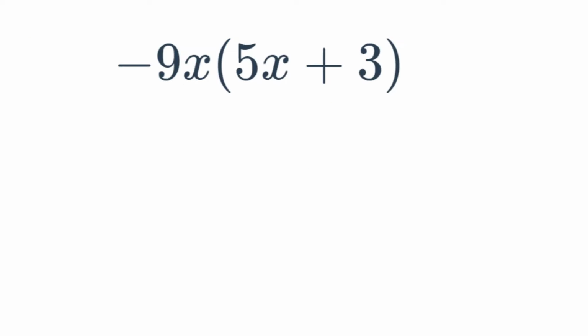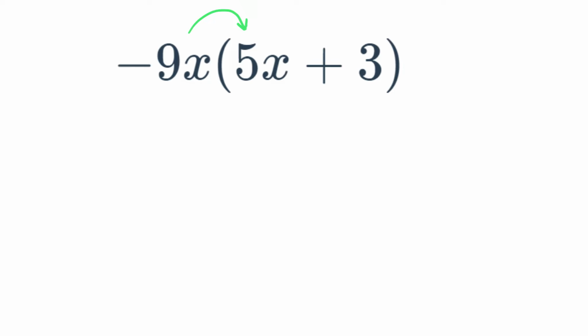So here we have a distribution that involves both distributing a negative sign and distributing a variable. We are distributing negative 9x to everything inside of the parentheses. If we're distributing a negative term, all the terms inside are going to change to the opposite. If they were positive, they'll turn negative.